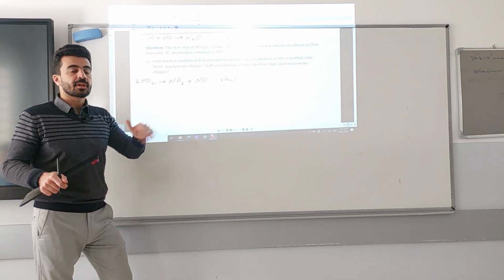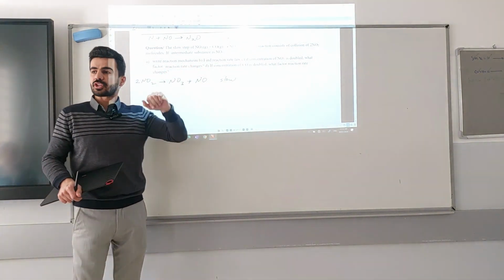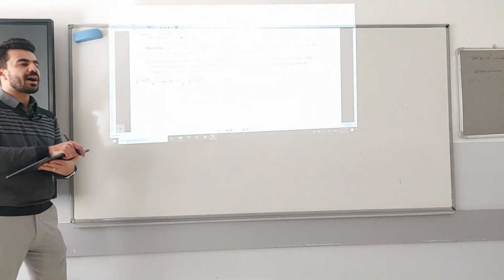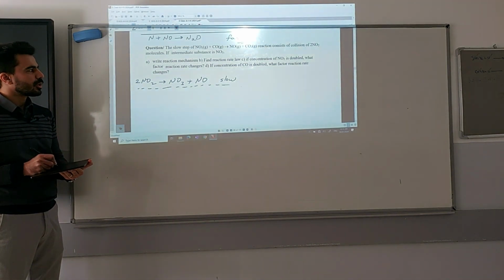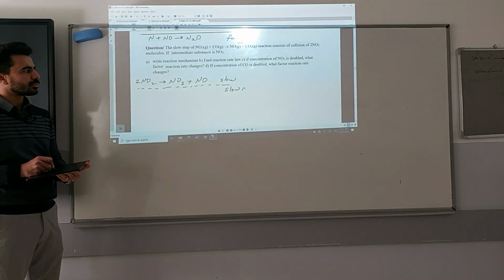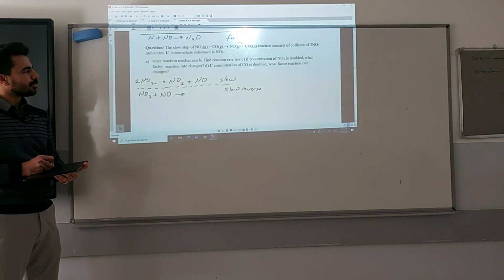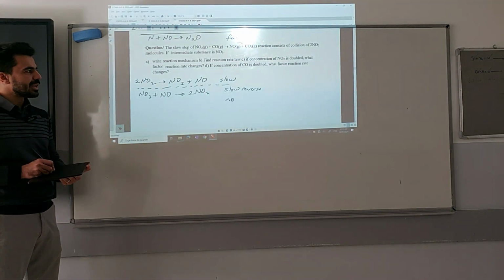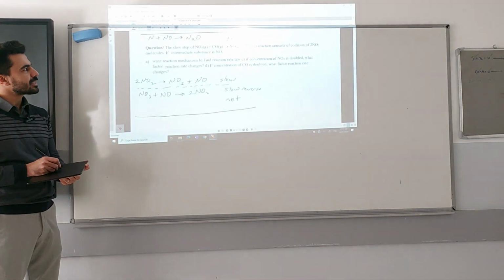That's it. It says reaction mechanism, which means find the fast and the slow. We found the slow, let's find the fast. What did we do? Reverse the slow. So it becomes NO3 plus NO becomes 2NO2. Now add it with the net. What is the net?